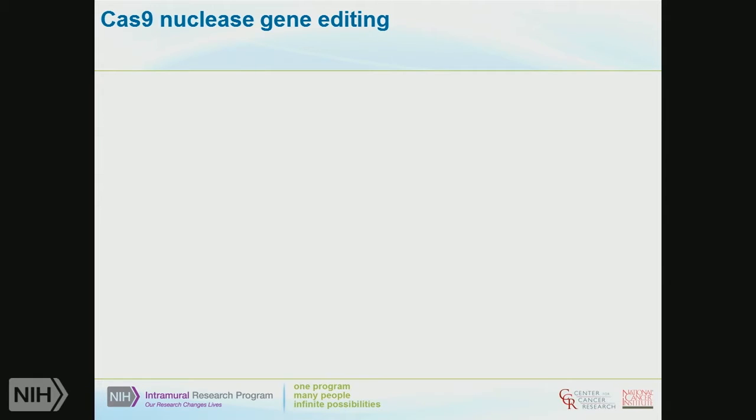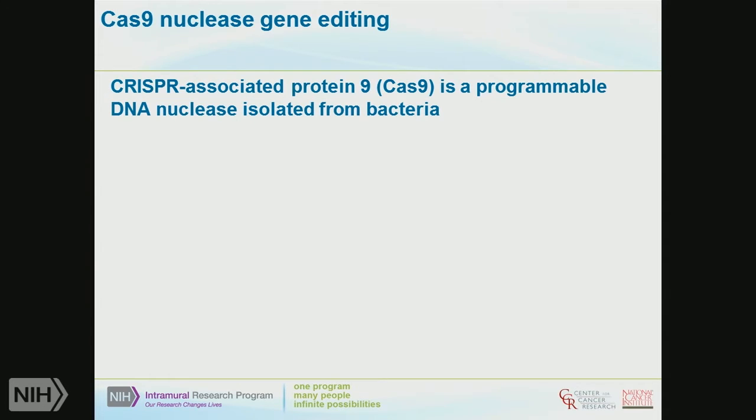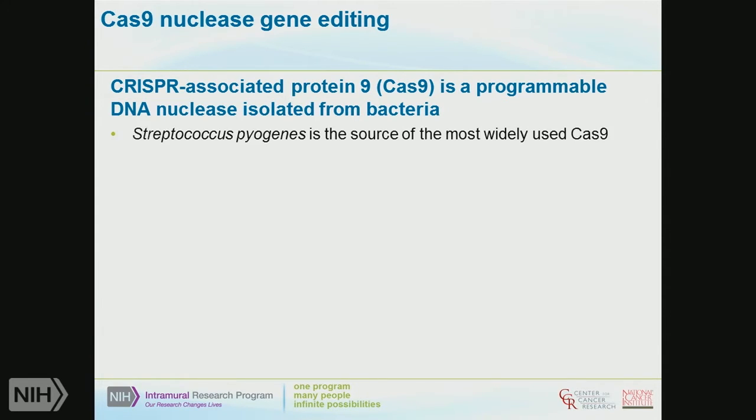Like both RNAi and TALENs, you're using resources that have come from studying naturally occurring mechanisms. In this case, it's a programmable DNA nuclease that's been isolated from bacteria. It's known to be part of their adaptive immune system. The key protein is Cas9, CRISPR-associated protein 9.